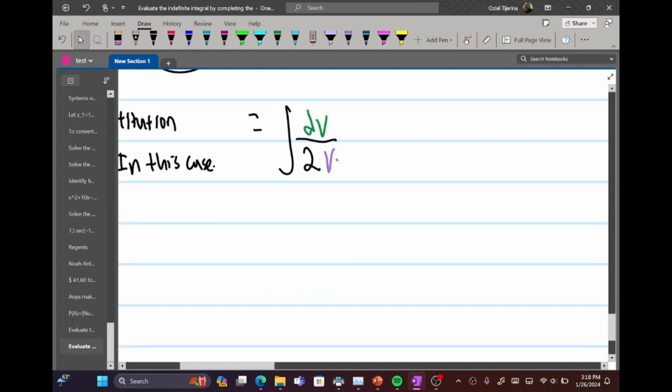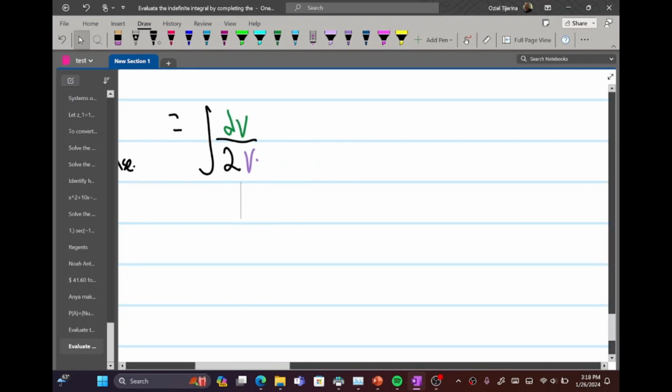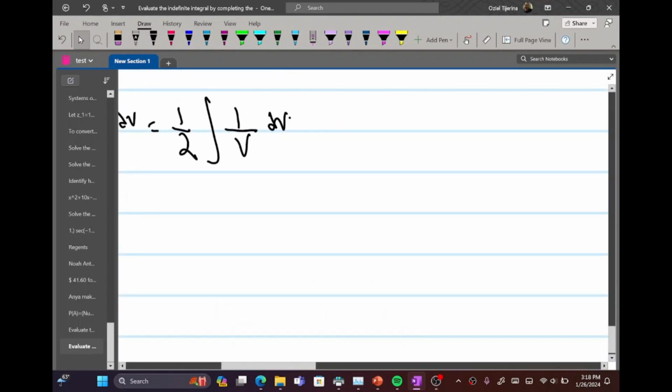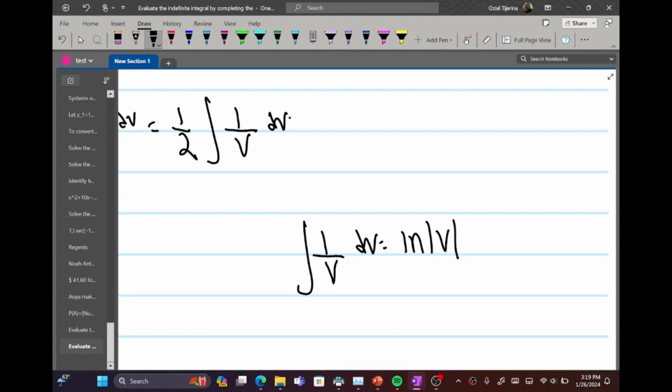I really should have used highlighters, guys. I apologize. So, in this case, we're just going to go ahead and integrate this. This is really the integral of 1 over 2v dv, which is 1/2 integral of 1 over v dv. We know that the integral of 1 over v dv is really the natural log of absolute value of v.